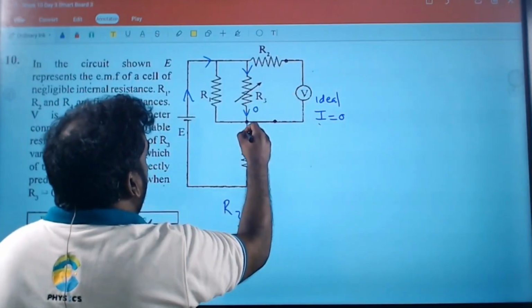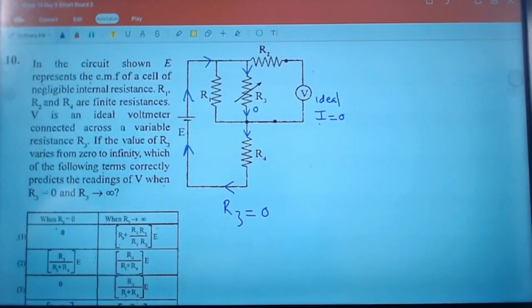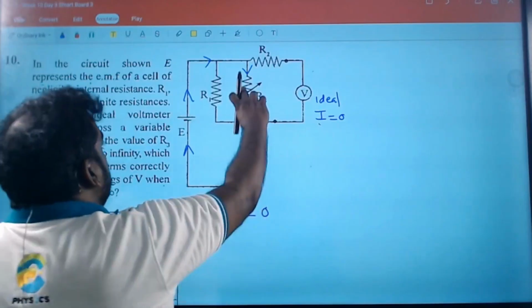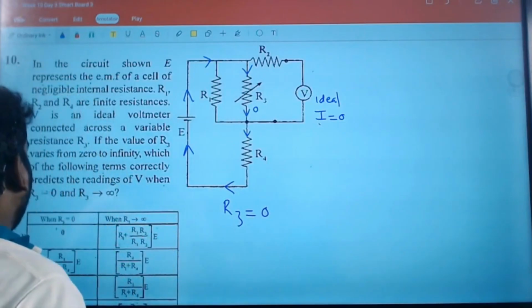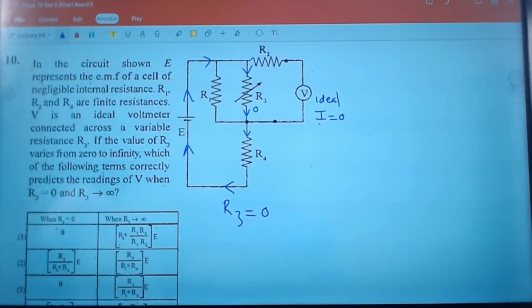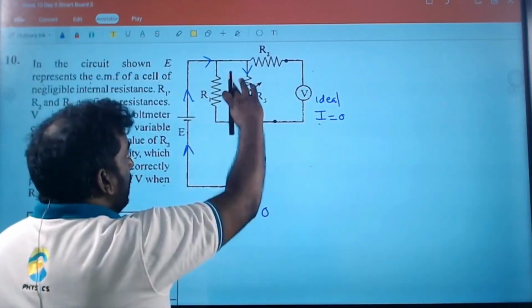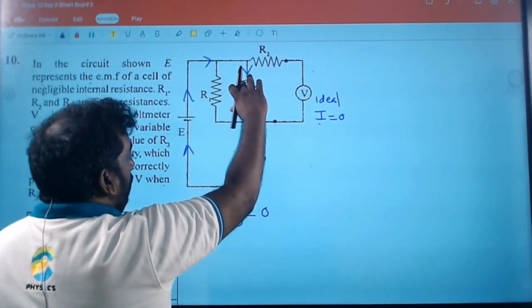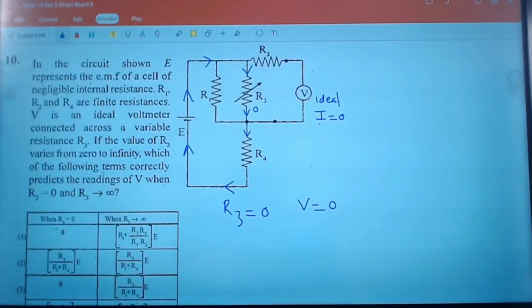Anyway, ideal voltmeter current won't go. So short circuit, current will pass through. What will be the voltage reading? So no current will go across this. So here resistance 0, voltage also will be how much? 0.